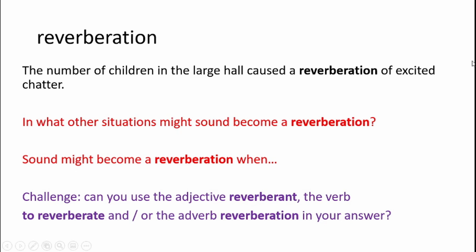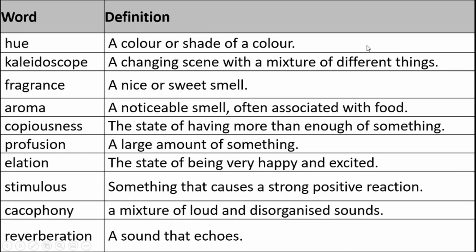And then if we just have a look at them all together. So here's our 10 words for the term, words I'm going to be asking you to try and use in your writing when you do your descriptive writing in the coming weeks. So we have hue and kaleidoscope, both of which describe appearances or colours.